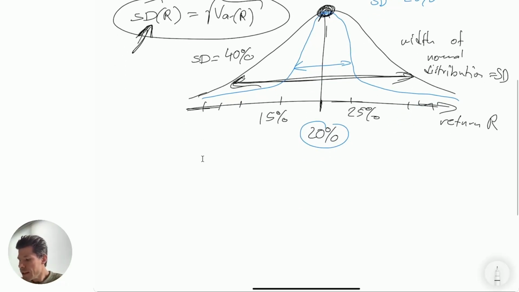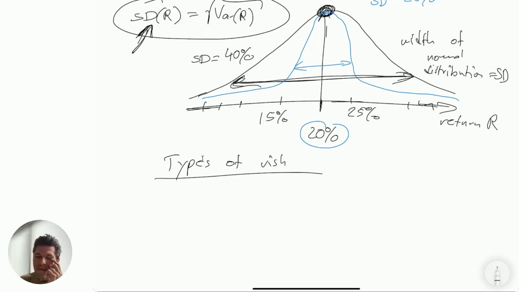Types of risk. In finance, there are different types of risk, and it's quite important to be very clear what we mean, because when it comes to portfolio management and cost of capital, there's only one type we are really interested in. So a few types of risk.